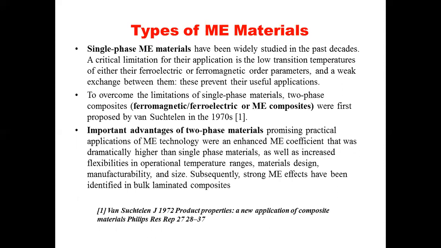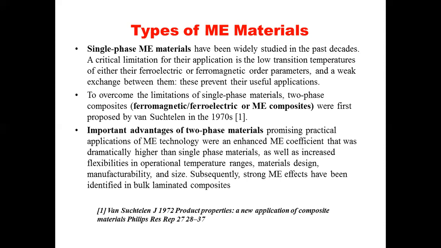Single phase ME materials were first invented or studied by researchers, like chromium oxide. Chromium oxide is a single phase material. So first, this magnetoelectric effect is found in single phase materials.